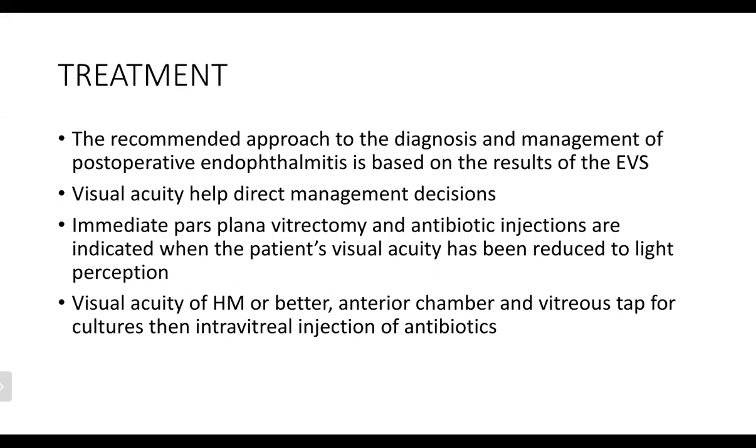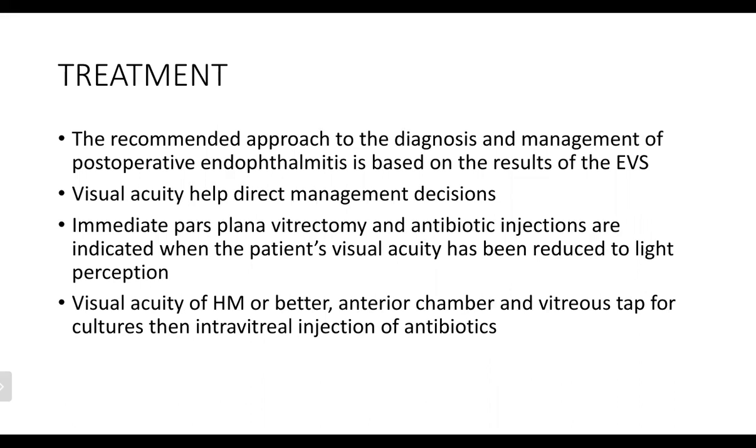So after making a diagnosis of endophthalmitis, it's important to start treatment. And the treatment, like I said, is the use of broad spectrum antibiotics. This is based on the recommendation of the Endophthalmitis Vitrectomy Study, which gives a guide. You use visual acuity to guide you on which modality of treatment to give the patient.